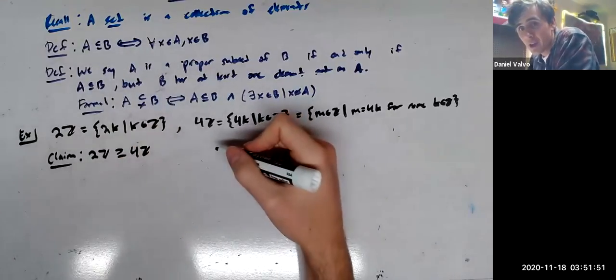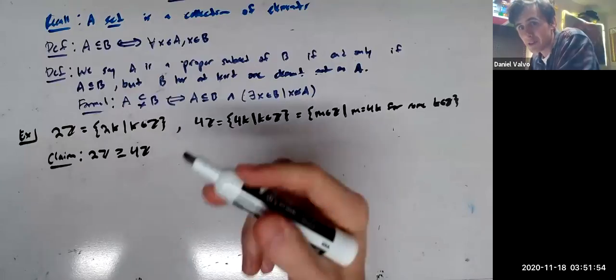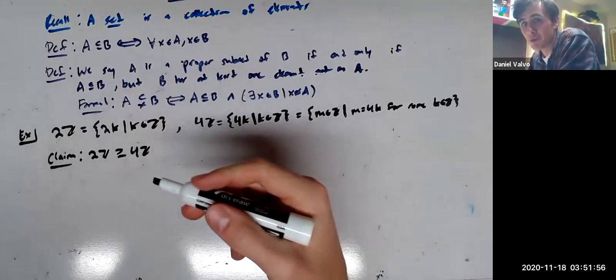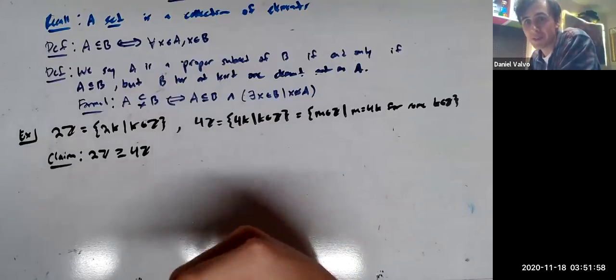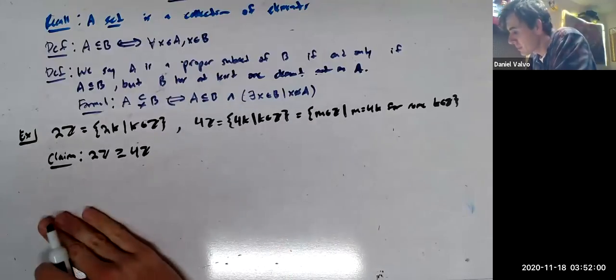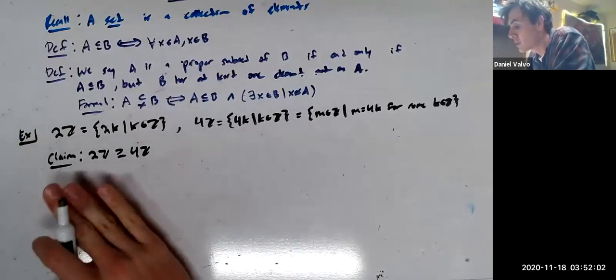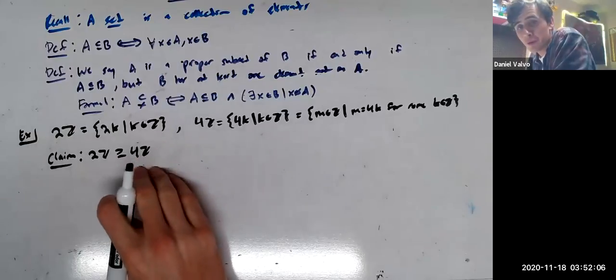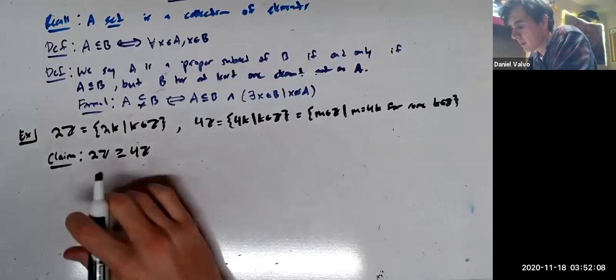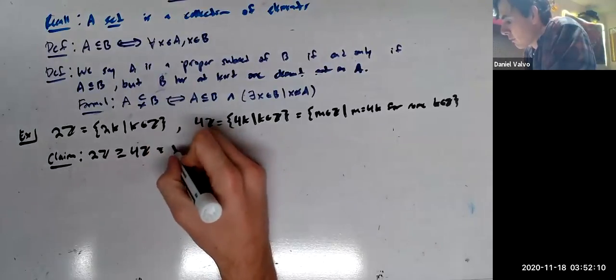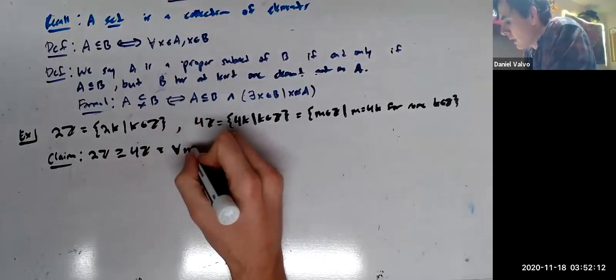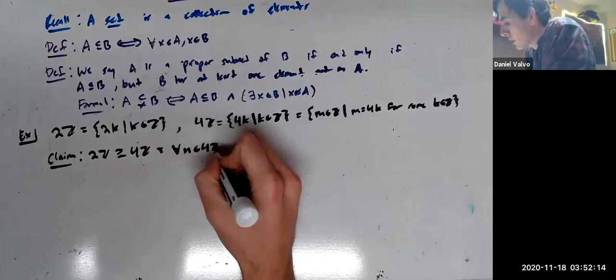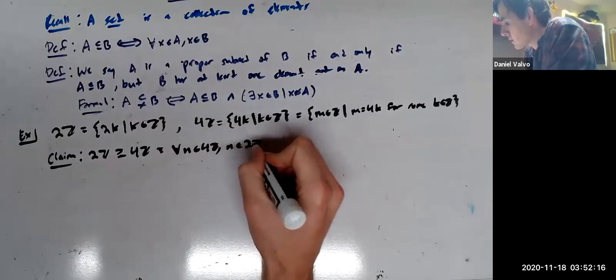Because you get multiples of 2 every 2 numbers, but you don't get multiples of 4 until every 4 numbers, right? That is why 4Z is contained in 2Z, because every multiple of 4 is a multiple of 2. So what this would be saying is that for all n in 4Z, n is in 2Z.